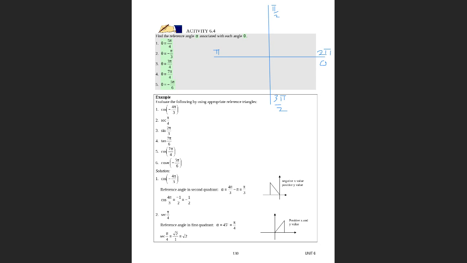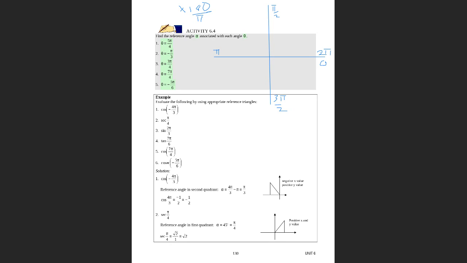So 7 pi over 4. If you are not sure which quadrant, simply multiply by 180 over pi to get degrees.